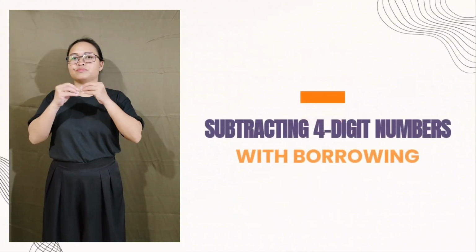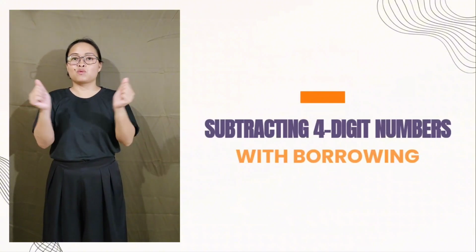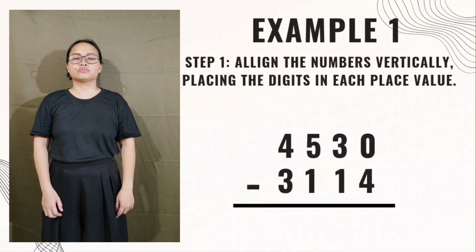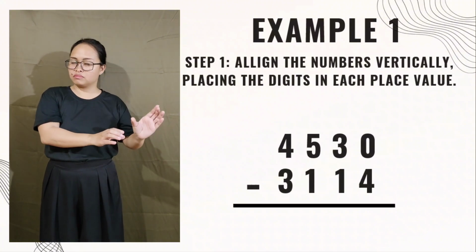Now let's go through some examples on subtracting 4-digit numbers with borrowing. Example number 1. Align the numbers vertically, placing the digits in each place value.